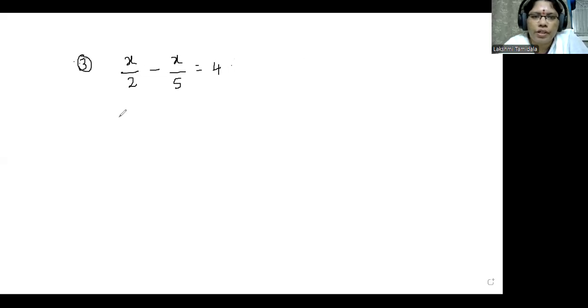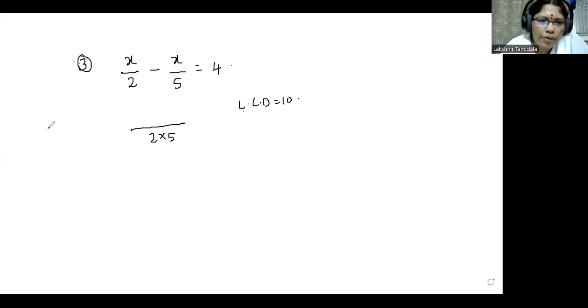Here this equation, though it is a linear equation, we need to simplify this one. How to simplify this? By taking LCD. This is 2 times 5. LCD of 2 and 5 is 10.